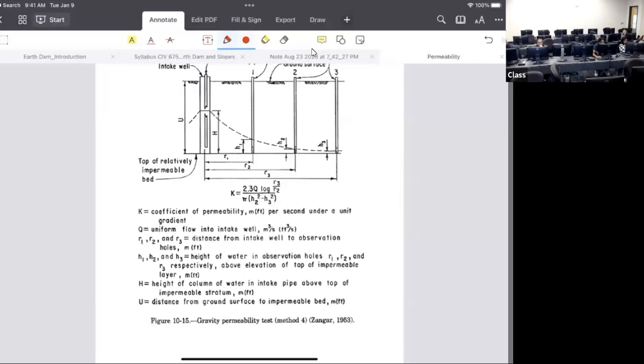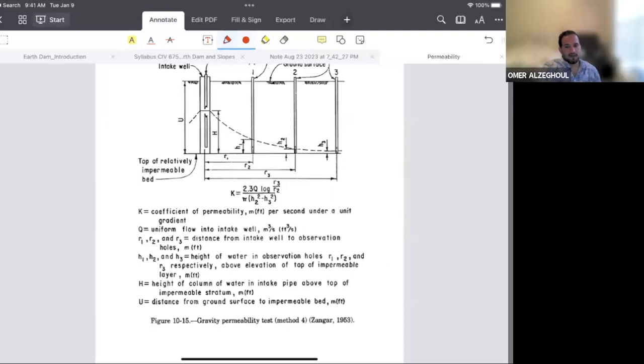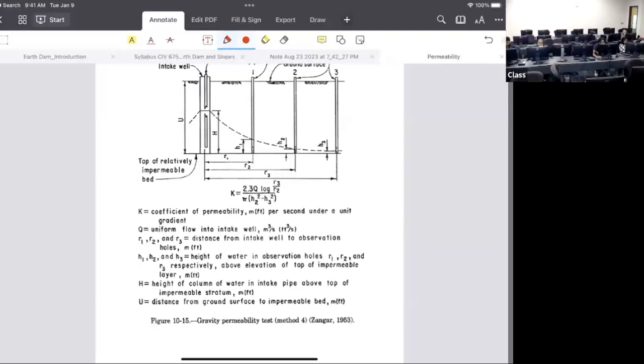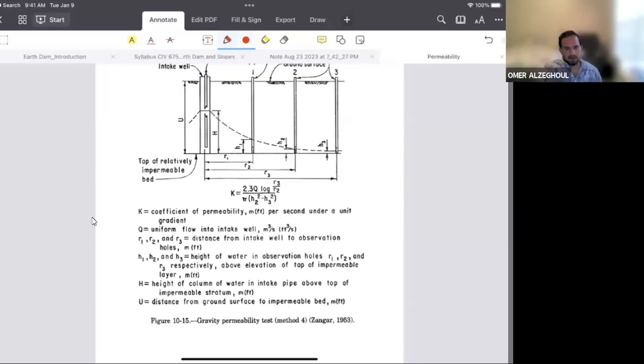Any other thought? Which one is good for what? Which test, like your constant head and falling head? Well, the constant head for sand and the falling head for clays or fine materials.